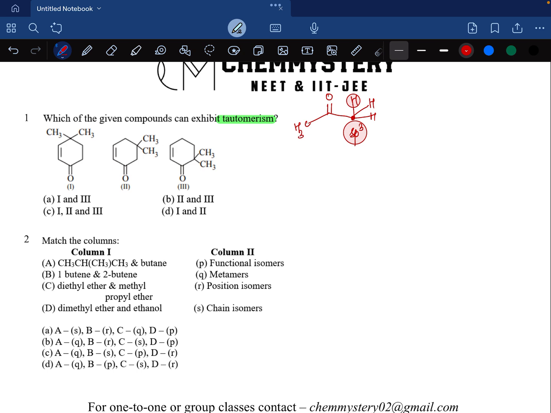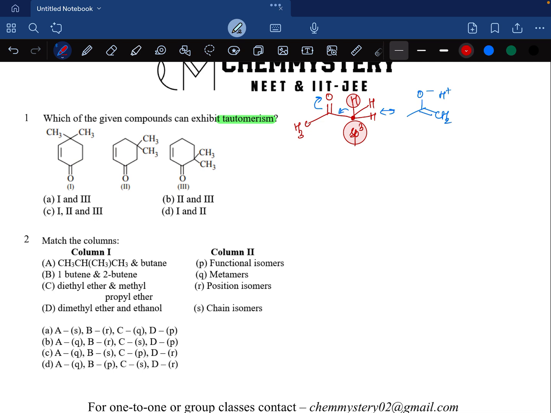Now what happens here? The pi electron density is pulled by the oxygen. To fulfill this, the carbon-hydrogen bond shifts over here, and finally what we get is O negative, double bond, CH2, and the hydrogen goes out in the form of H positive.